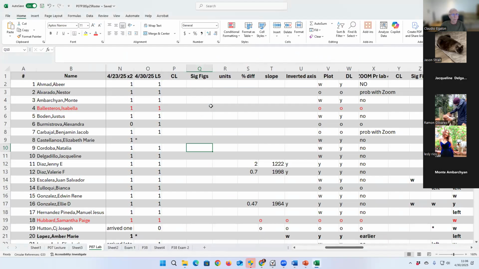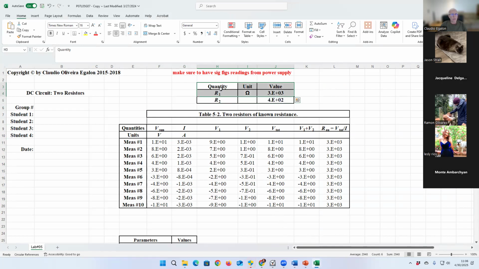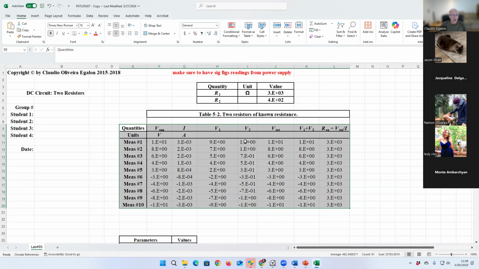Okay, so here you go. Here is one of the spreadsheets that I have. Notice that we have a table for 2 resistors, right? And a table similar to what we did before, but now it's a little bit more complicated because we are going to have V1 and V2, right?